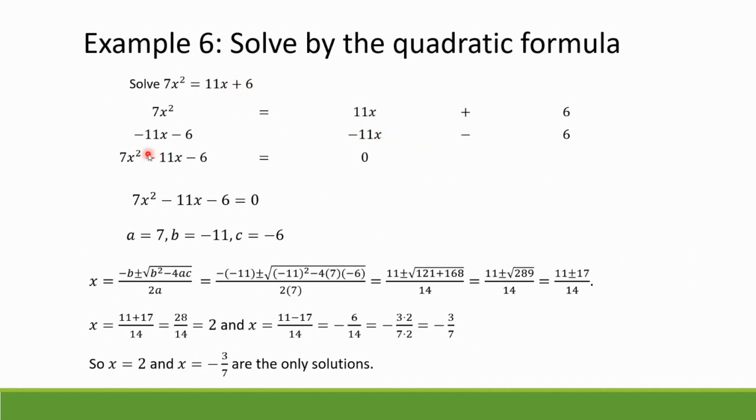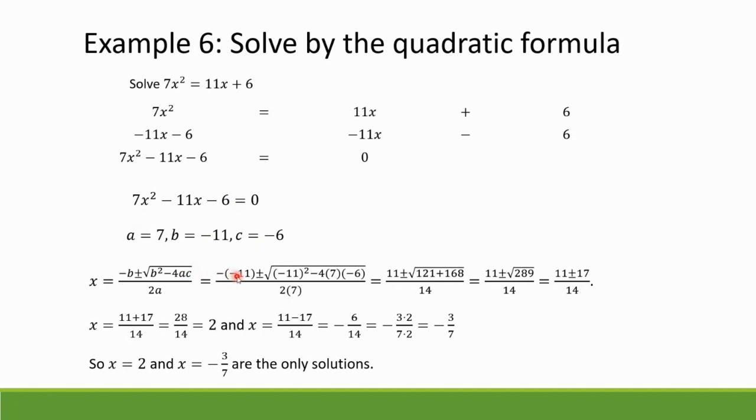Okay. So we have 7x squared minus 11x minus 6 equal to 0. But now we can use the quadratic formula. We have a is 7, b is negative 11, c is negative 6. And then we plug it into the formula.